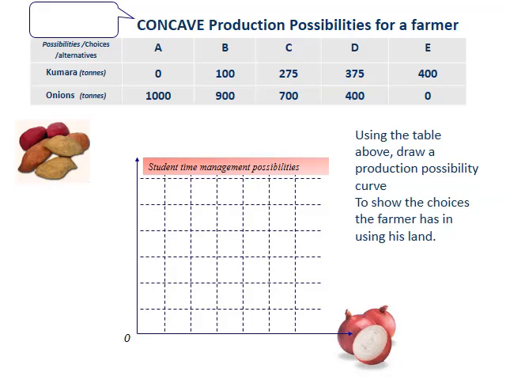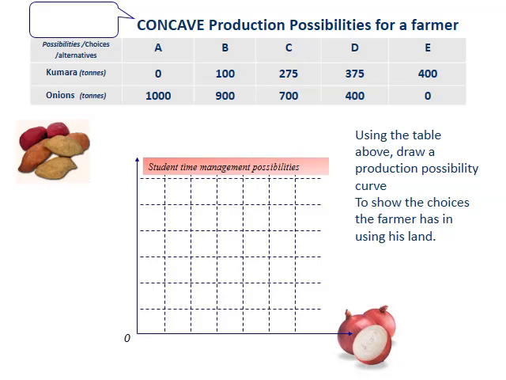He could put all his resources into producing kumara, and he could produce 400 tons of kumara. But that means of course he could produce no onions. Or conversely, he could choose to put all his resources into onion production and produce 1,000 tons, and of course he would produce no kumara. Each of the combinations A, B, C, D, and E represent those possibilities or choices.